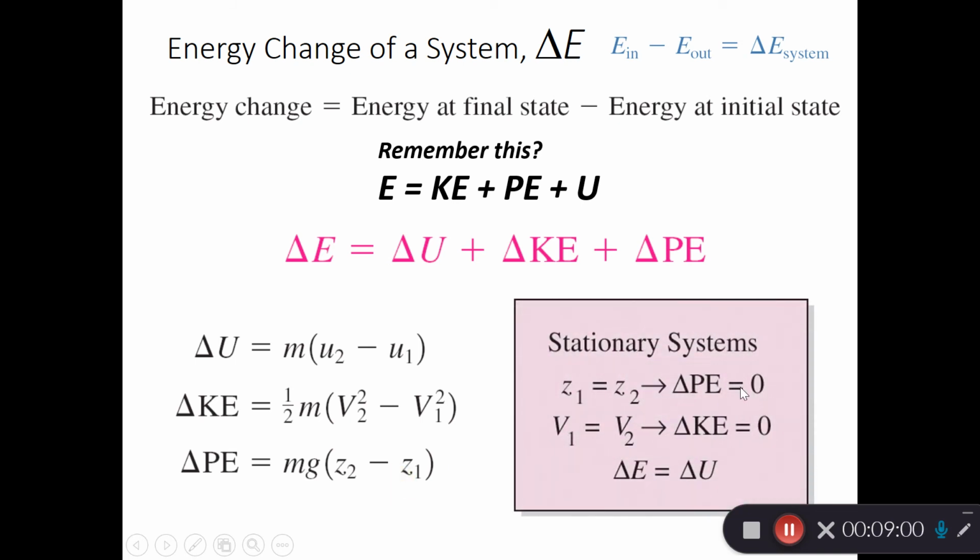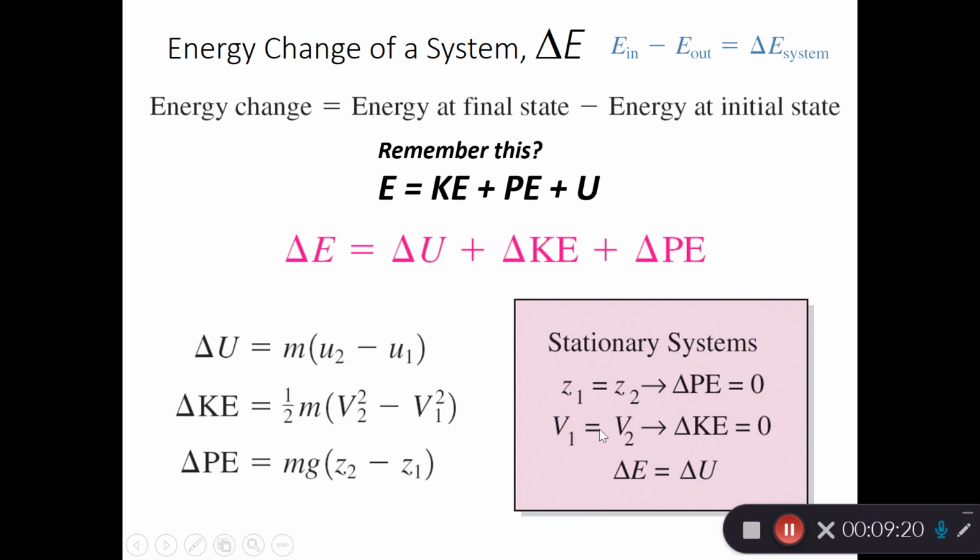A special case: if you have a stationary system, that means there's no elevation change at all, so no change in PE. Z2 and Z1 are the same, therefore the change in PE equals 0. Same thing with velocity.